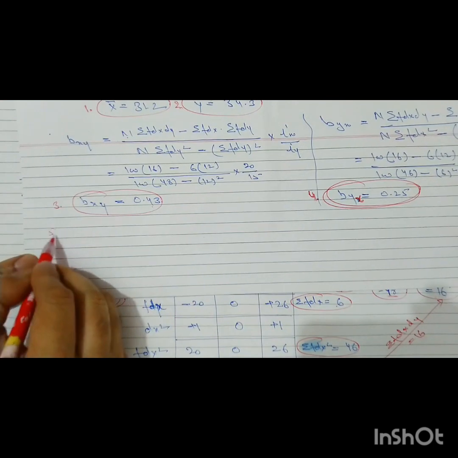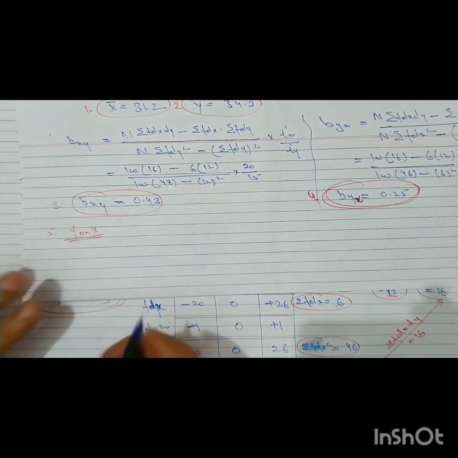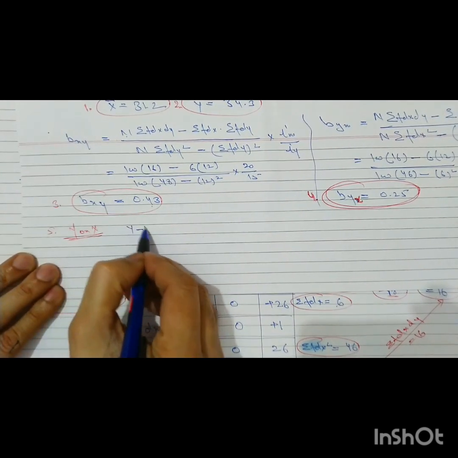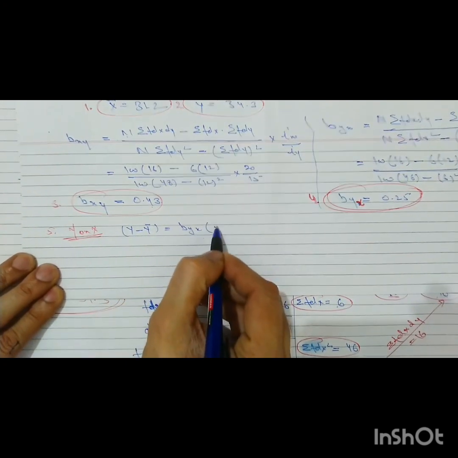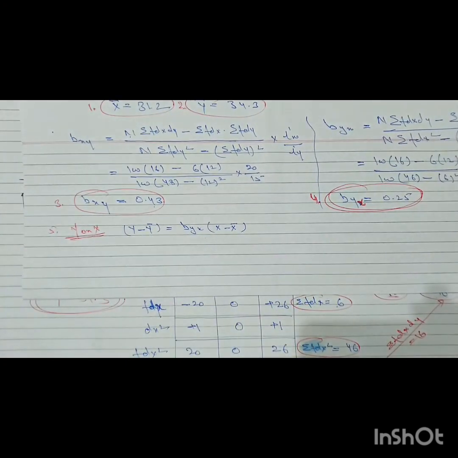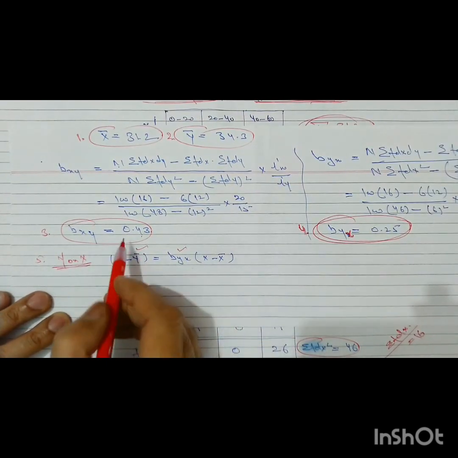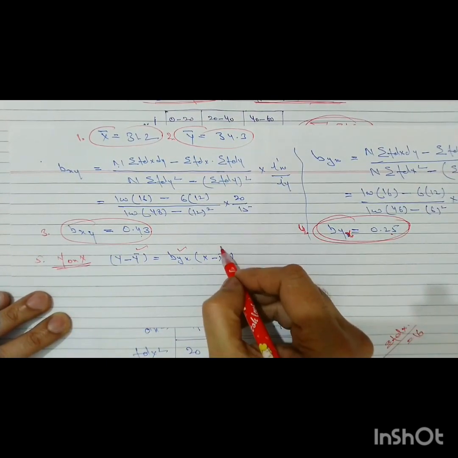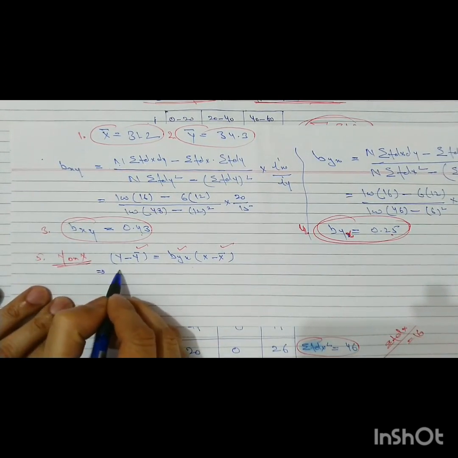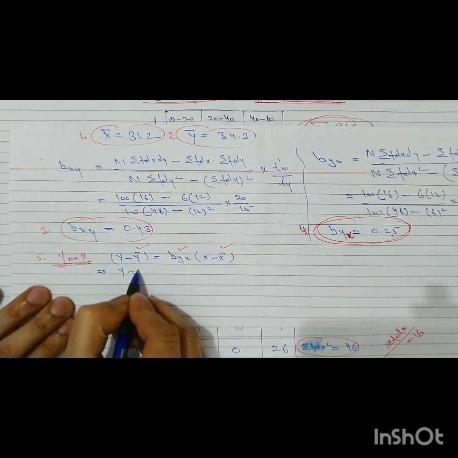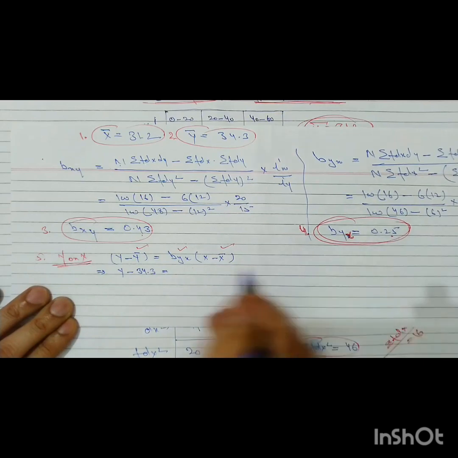Number 5, calculate first y on x. The formula for y on x is y minus y dash equals byx into x minus x dash. Y mean is already calculated, byx is 0.25, x mean already calculated.